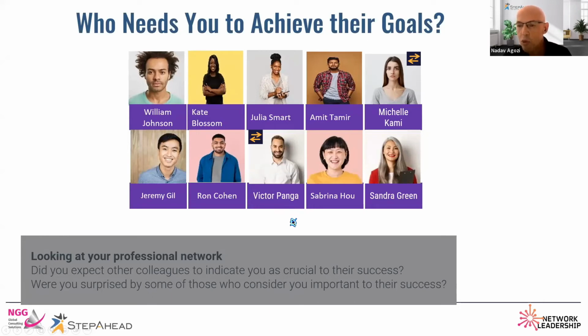When we asked, who do you need to achieve your goal? These people identified him. Okay, so they are connected on goal achievement. If you see those double arrows, it means that this guy is someone that Tom needed as well.